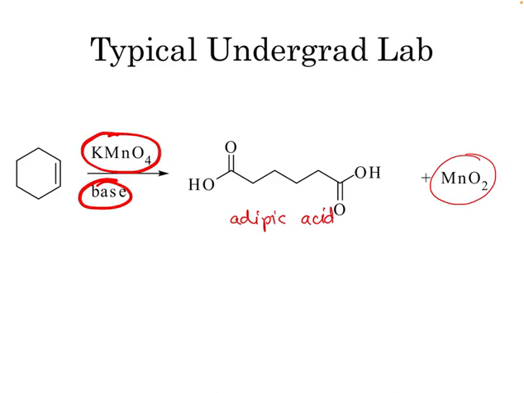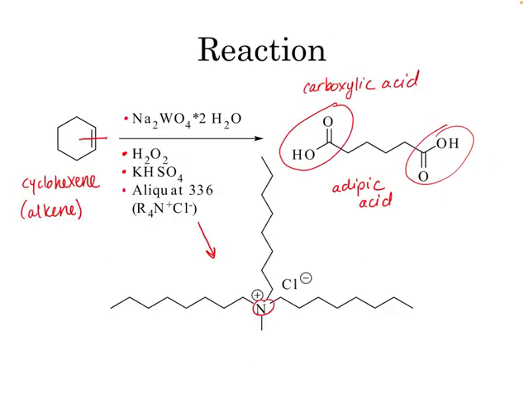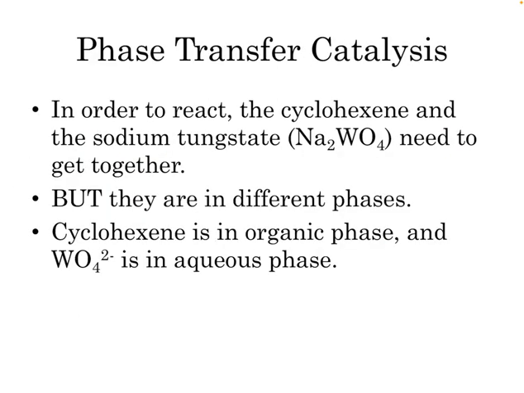Typically we would do this reaction in an undergraduate lab, but again, we're going to use these reagents here. So let's talk a little more about Aliquat 336. What is the purpose of this Aliquat? Aliquat 336 is called a phase transfer catalyst. In order for our reaction to work, we need cyclohexene and sodium tungstate to mix.